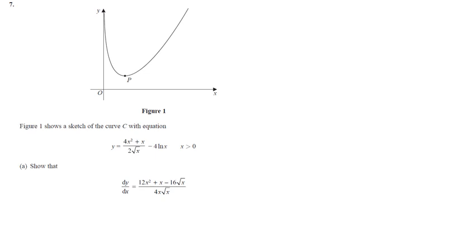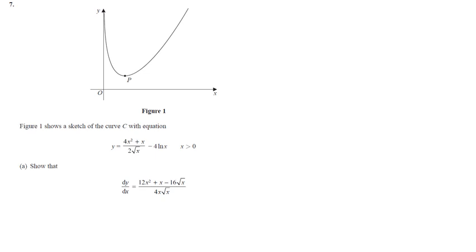Question 7. Okay, so we've got this graph here with the equation 4x squared plus x over 2 root x minus 4 ln x. We just first of all need to find the derivative. Okay, so how do we do that?